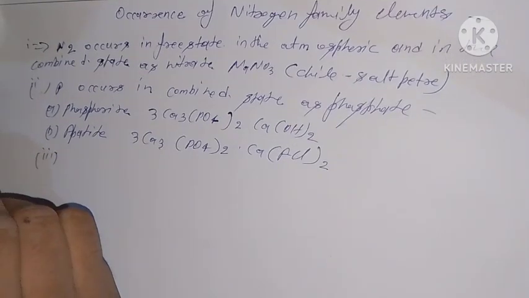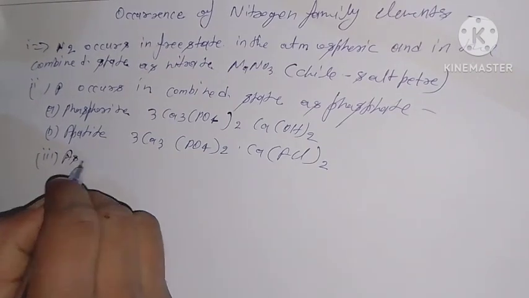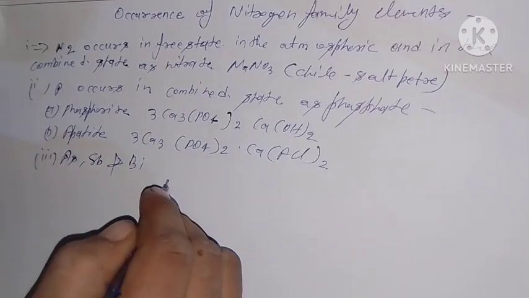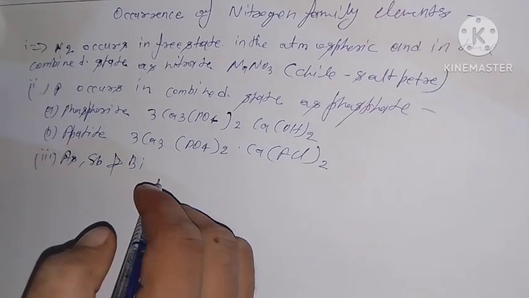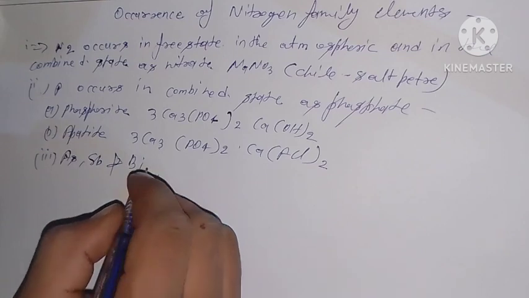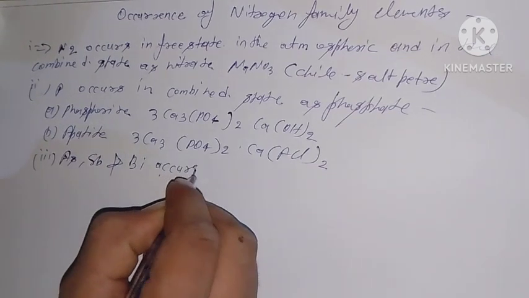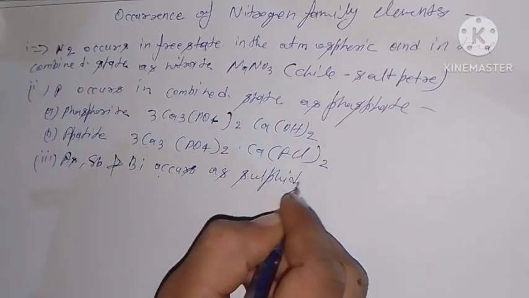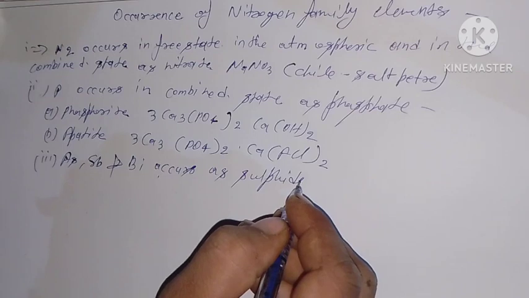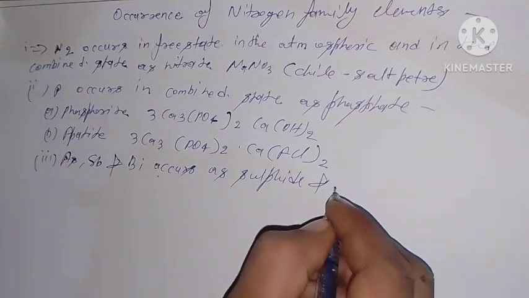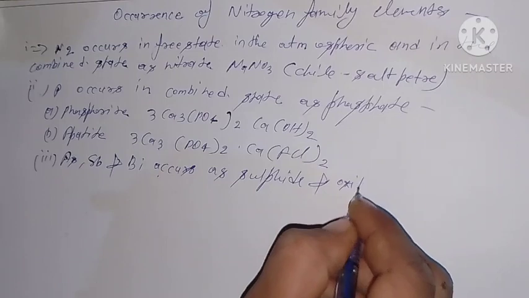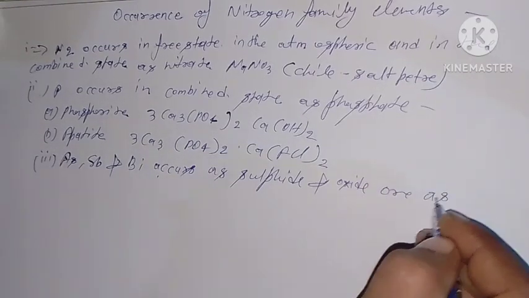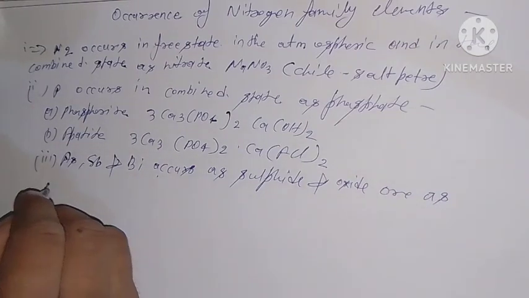Third point: arsenic, antimony, and bismuth occur as sulfide and oxide ores as given below.